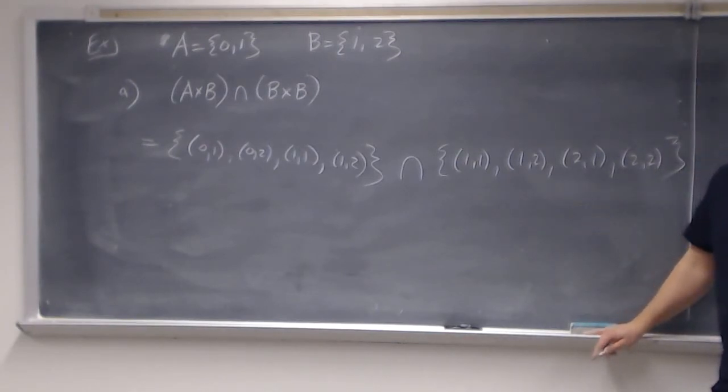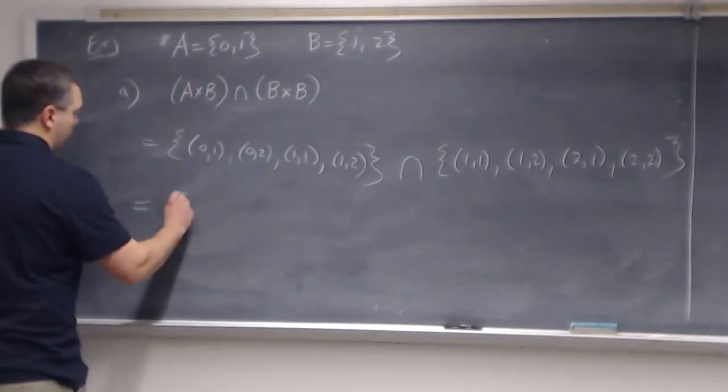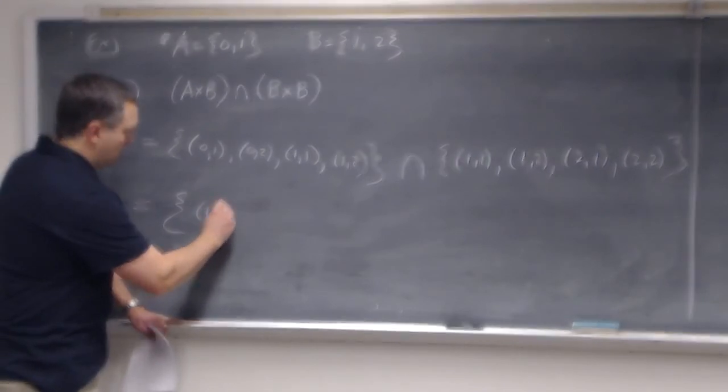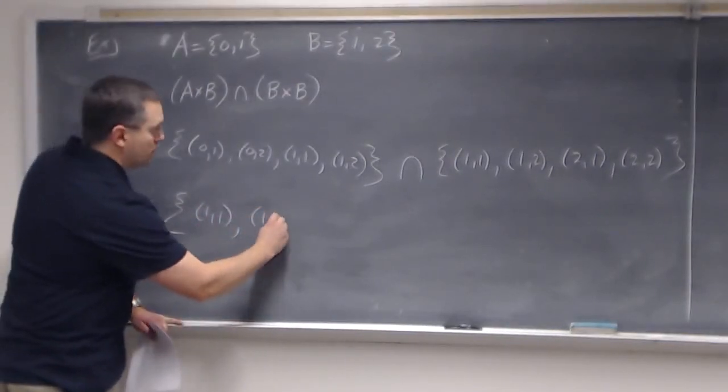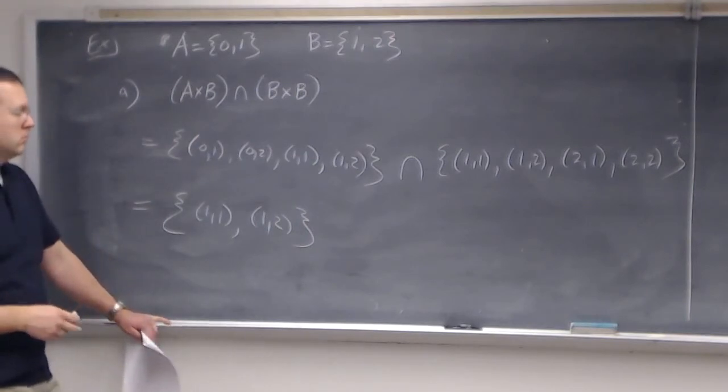Okay. So now that I have all these cross products written out, what's the intersection of these two sets? Which ordered pairs are in both sets? (1,1) and (1,2). Okay. That's the answer.